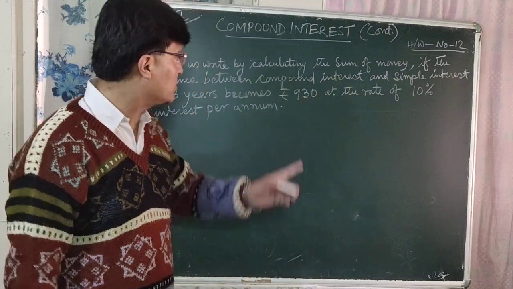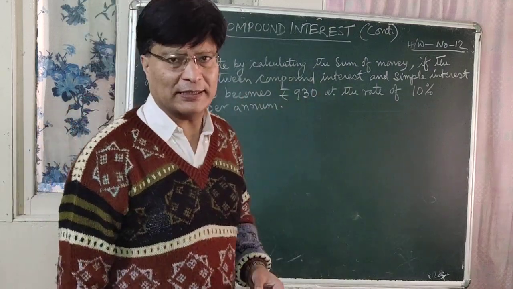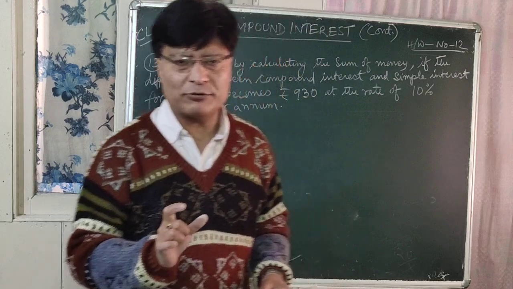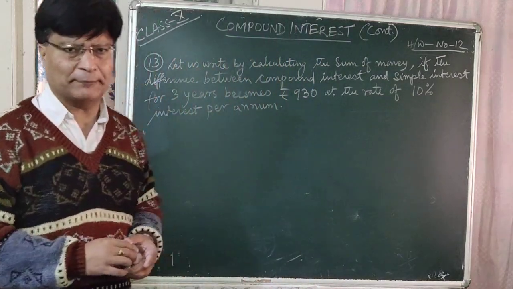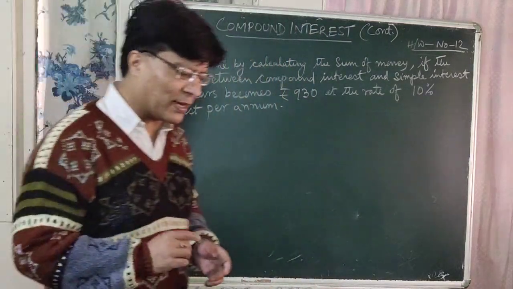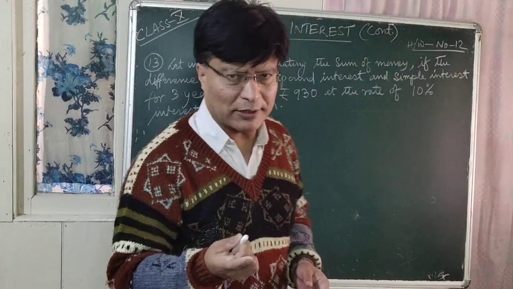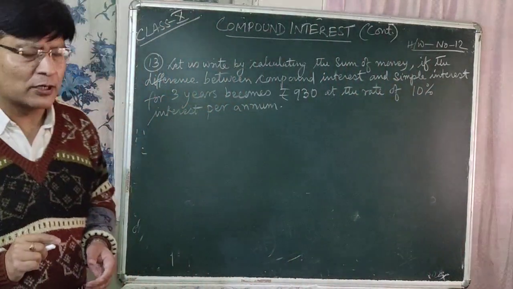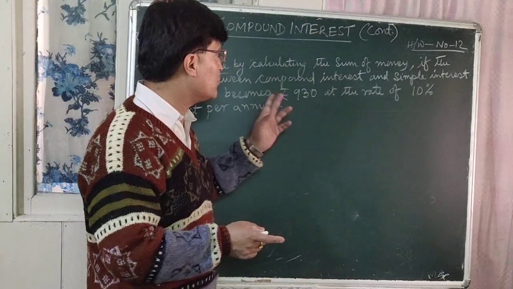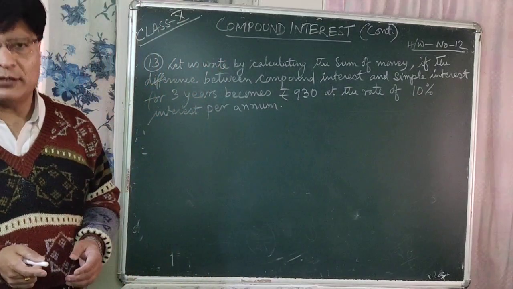The difference is rupees 930, that is, compound interest minus simple interest equals rupees 930. Remember that compound interest will always be greater than simple interest, so you should write compound interest first.